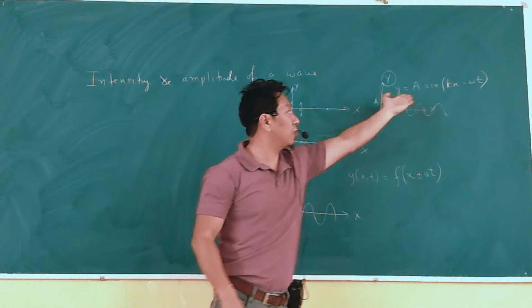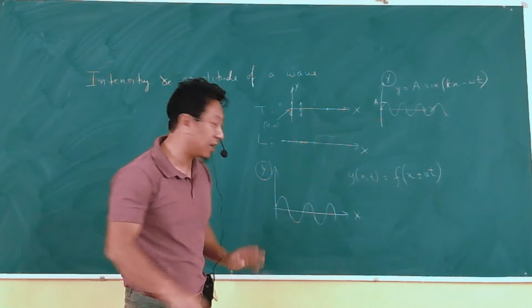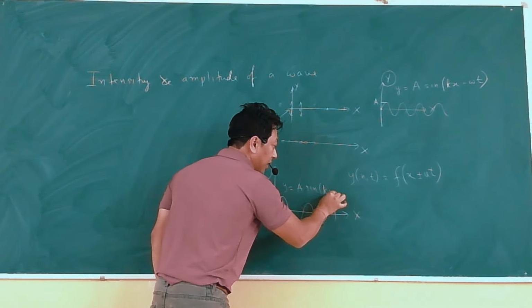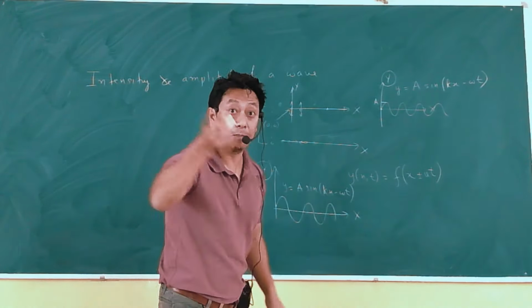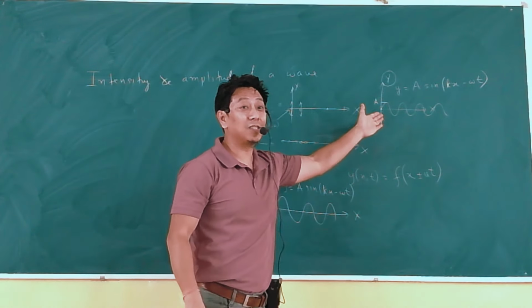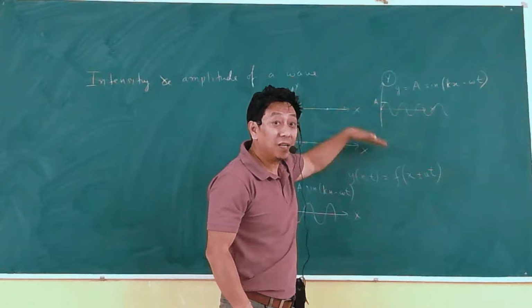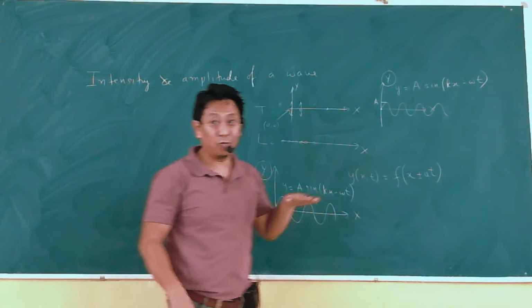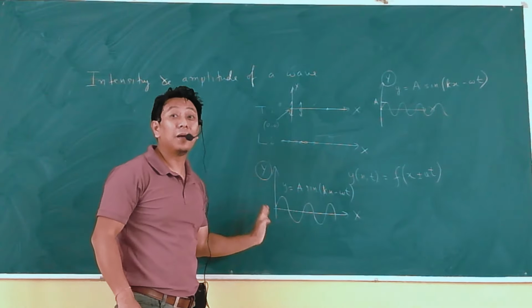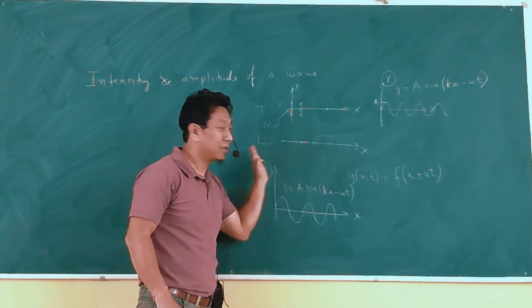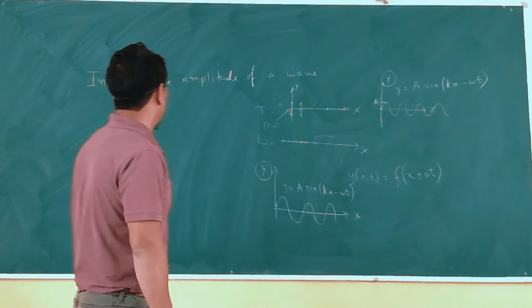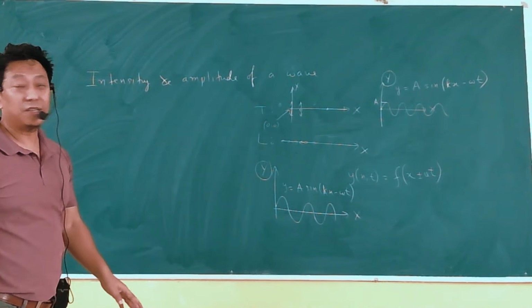If that equation is a sin(kx minus omega t), this equation will also be a sin(kx minus omega t). No difference. But in your head you have to remember that here the disturbance is perpendicular to the x-axis, and here the displacement is parallel to the x-axis. Understood? Will you remember this? Okay. Now come to this intensity.